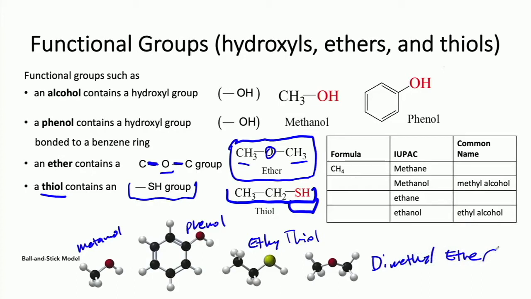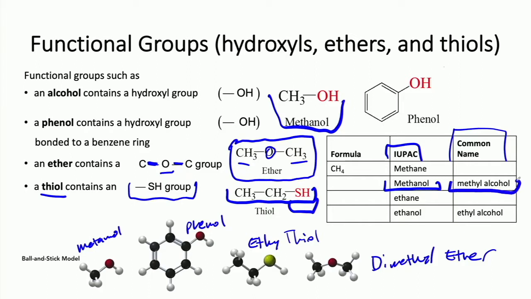So how do we name alcohols, right? Very simple, actually. There's the IUPAC name, and then there's the common name. The IUPAC name is methanol, which is just CH4, one methyl group, and an alcohol. We saw that right here. That's methanol. Its common name is methyl alcohol.